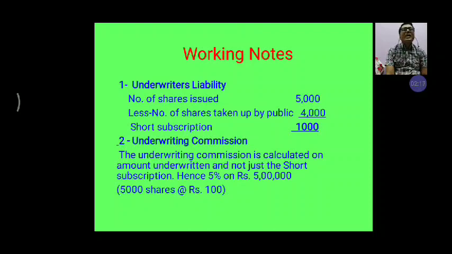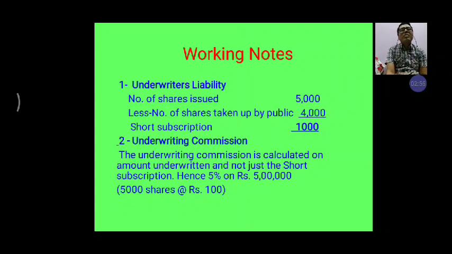Then less number of shares taken up by the public. Public took up 4,000 shares. Total shares issued 5,000, but public applied only 4,000. It means 1,000 is the short subscription. How is the short subscription found? Number of shares issued less number of shares taken up by the public. So the remaining is the short subscription.